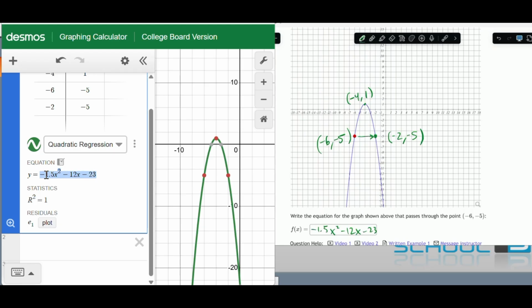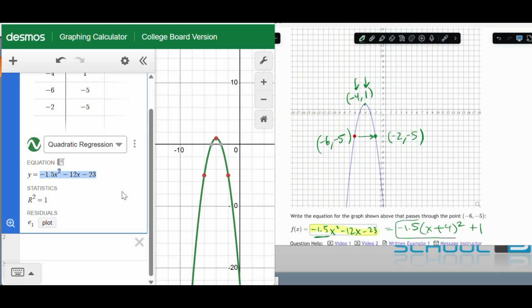However, what if this question was asking you to specifically enter your answer in vertex form? You can still use this quadratic regression because the a value is the same for all forms of a quadratic function. So if I wanted to write this in vertex form, I would still have my a value of negative 1.5, times x minus my h value of negative 4, squared, plus my k value of 1.